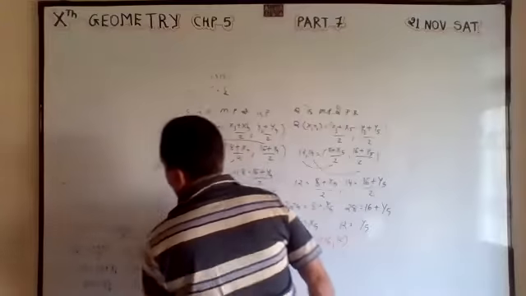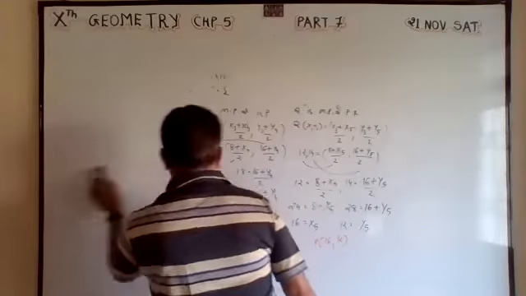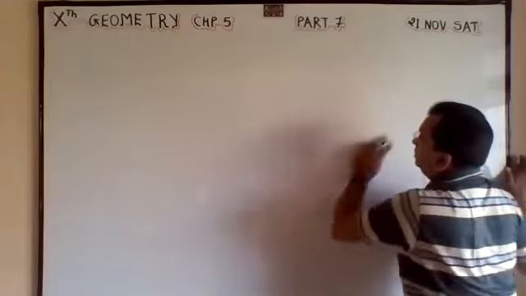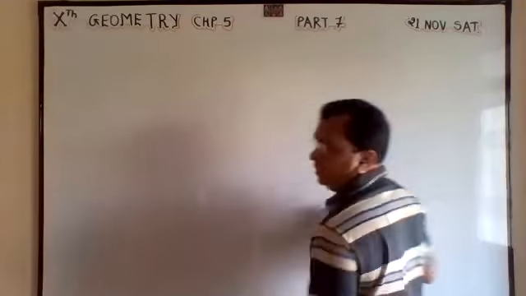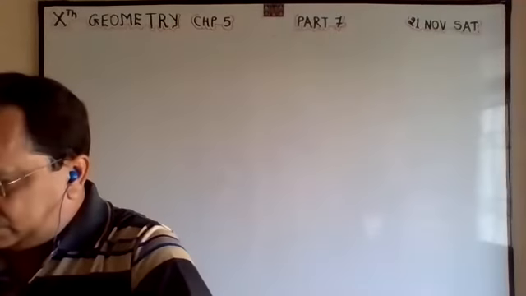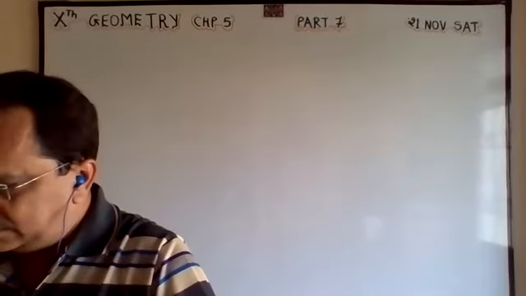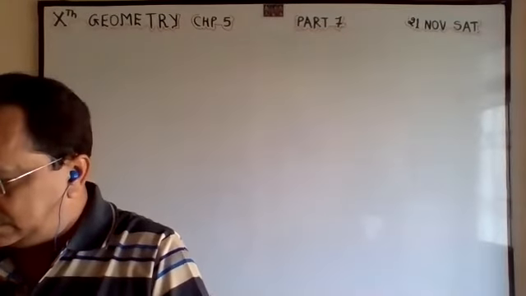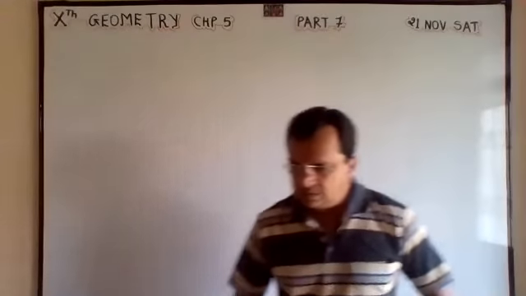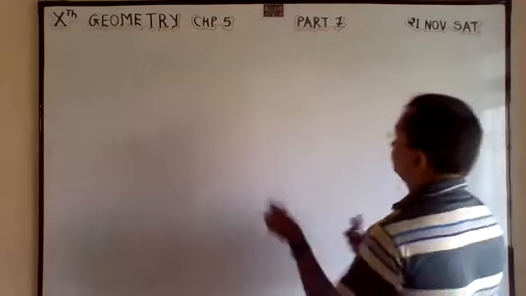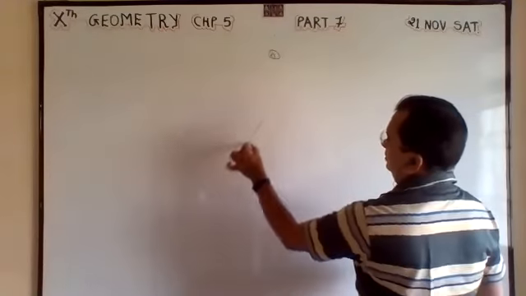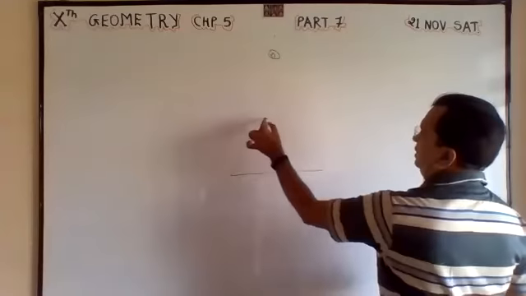First, I will explain the theory part. Here I have to use all colors. In 21st, what have they given? They have given one triangle, any.